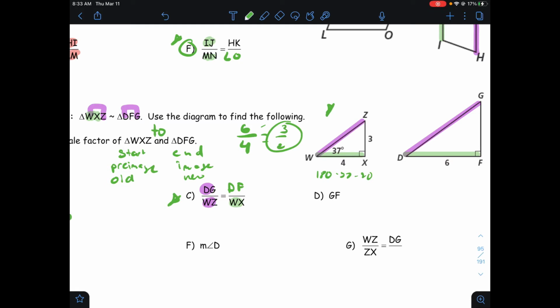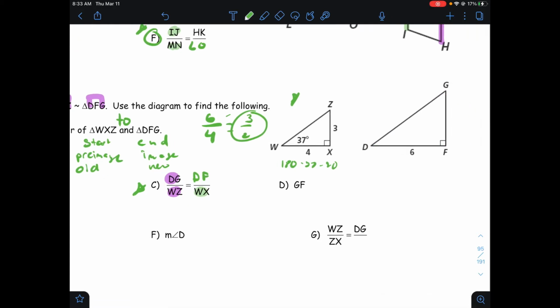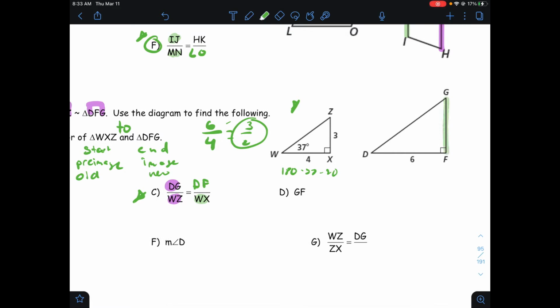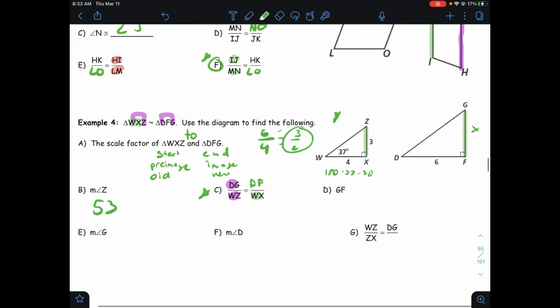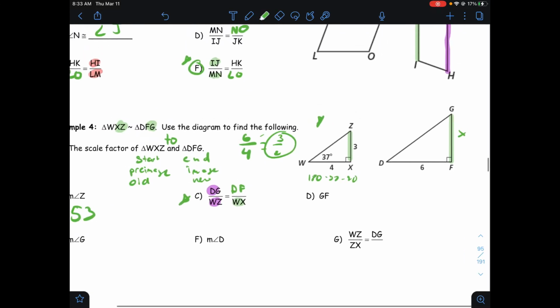All right, next, they want us to find the measure of GF. Now, this is going to be a little bit more tricky, so bear with me here. We need to set up a proportion. So they want us to find this guy here. We don't know what that is, so we'll put an X. And we know that FG's corresponding side is going to be XZ, because they're the two last letters, which is great because we have that value.